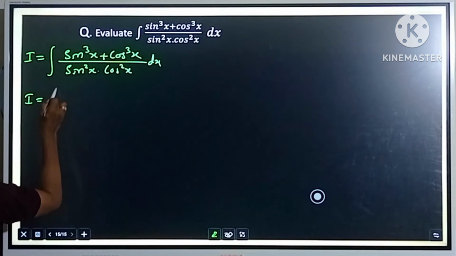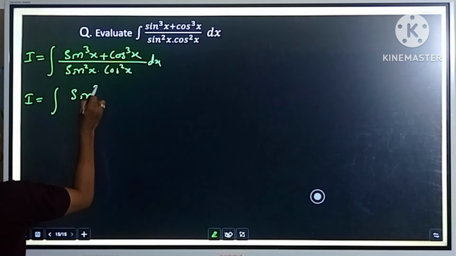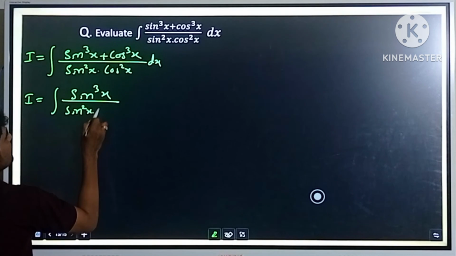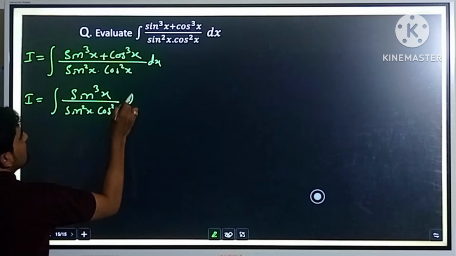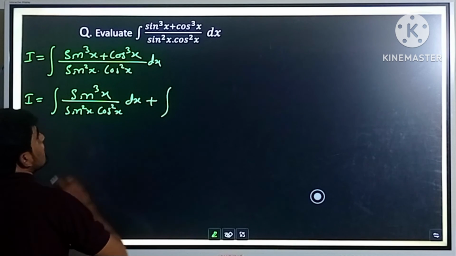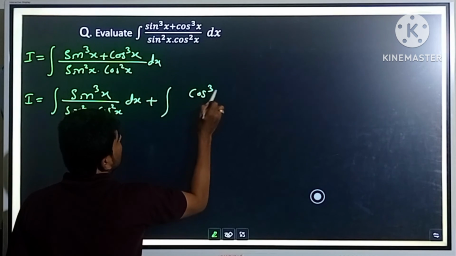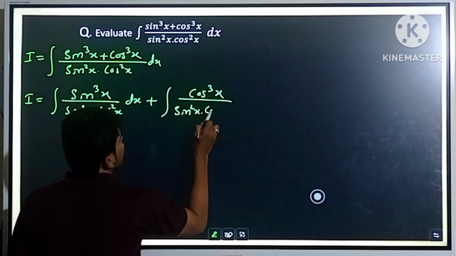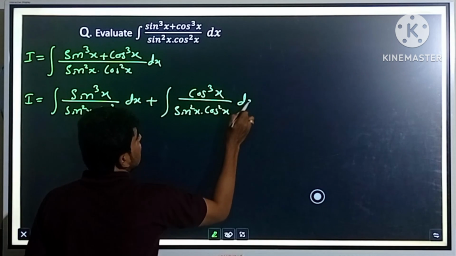In the next step I am going to separate the numerator: integration of sin cube x divided by sin square x into cos square x dx plus integration of cos cube x divided by sin square x into cos square x dx.